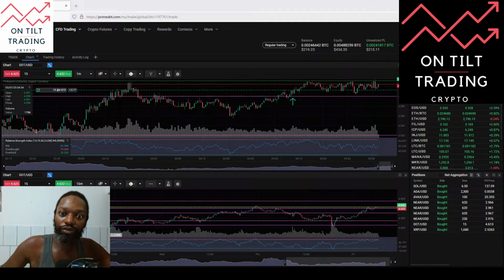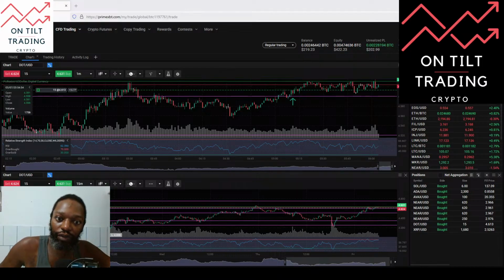I took my entry here, so I was scanning and found DOT right around the same time that I found XRP. So I took an entry here and set my stop back here.